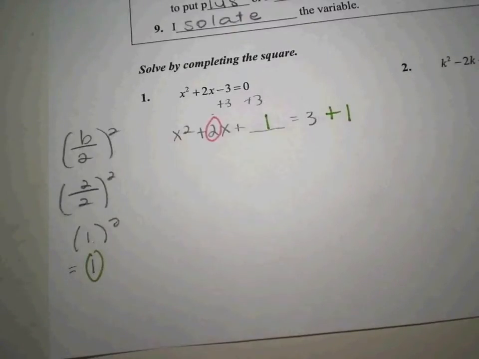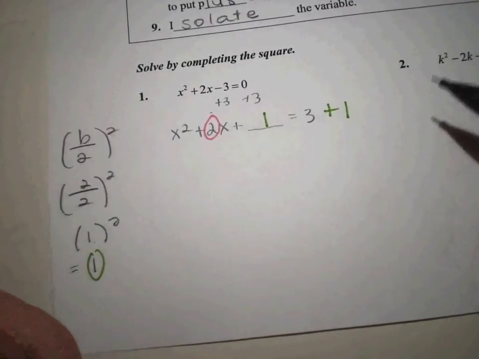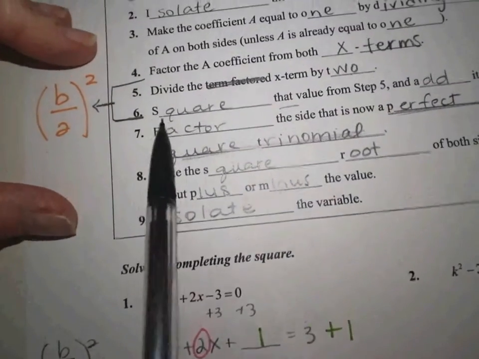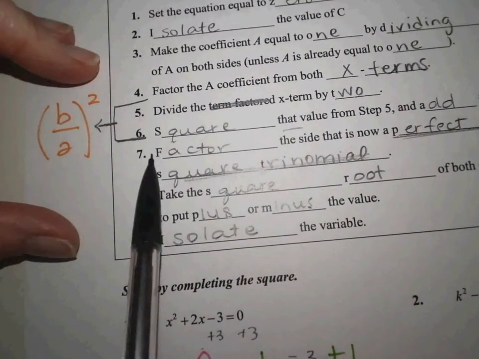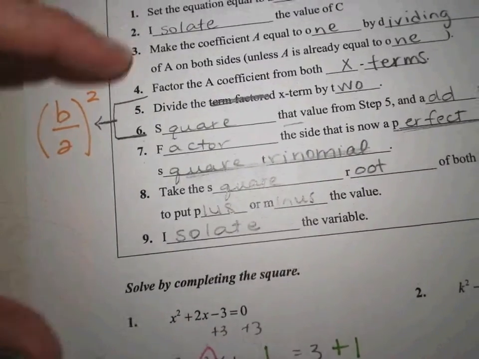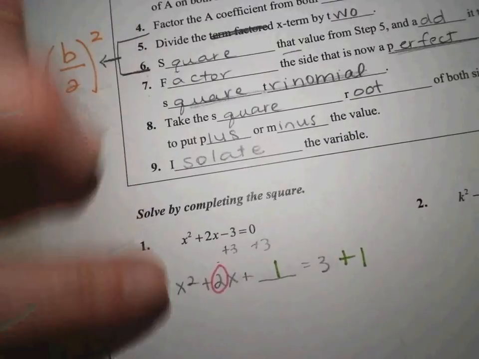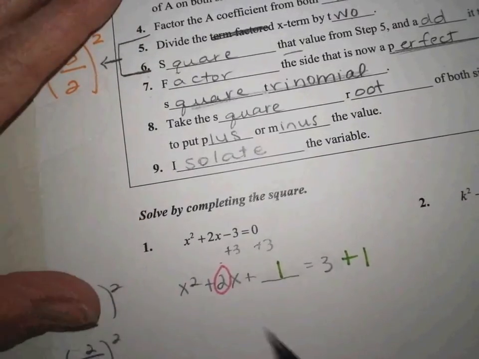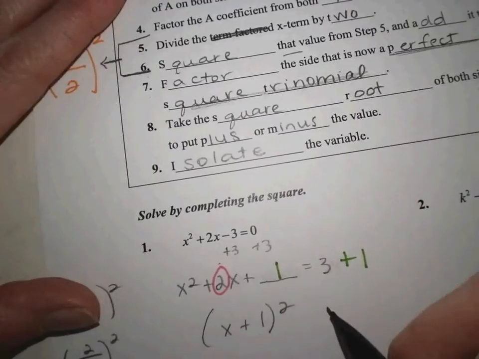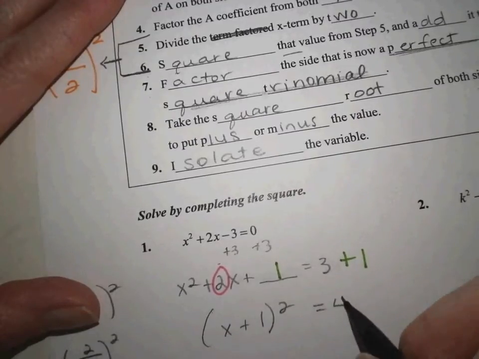So it's not 1x? Nope, just 1. So then we have just completed step 6. Now we're on step 7, which is factor the side that is now a perfect square trinomial. Hey, this is just like what we had on the board.